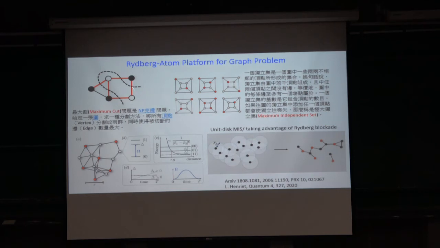Basically, you have some points or vertices here. You want to cut a line and then categorize the atoms or vertices into two groups, and they have no, their edge will be the largest, or this one is better to say.